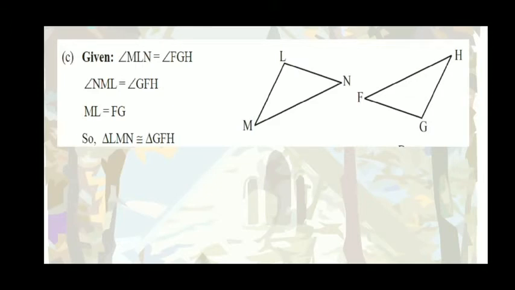If it were a following side, we would write SAA. If it were an included side, we would write ASA. Here the side ML and FG is the included side, the side that comes between the congruent angles L and N, F and G. Therefore, we could write that the triangles are congruent by ASA test, and this test has to be written in the bracket as shown here.